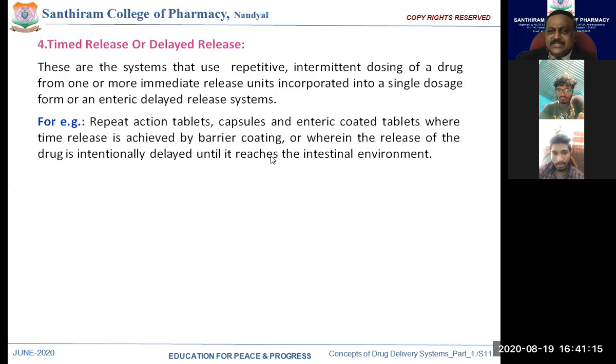Before going to the next type, we have one example here: repeat action tablets, repeat action capsules or enteric coated tablets. In these cases, the time release is achieved by a barrier coating wherein the release of the drug is intentionally delayed until it reaches the intestinal environment. We all know that the stomach is acidic, with a secretion called hydrochloric acid.